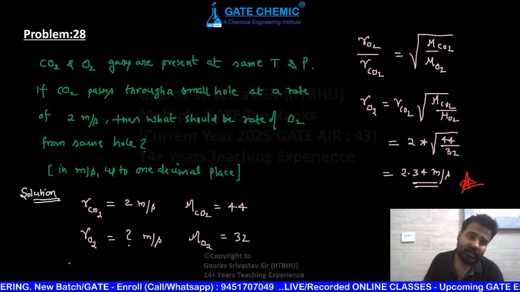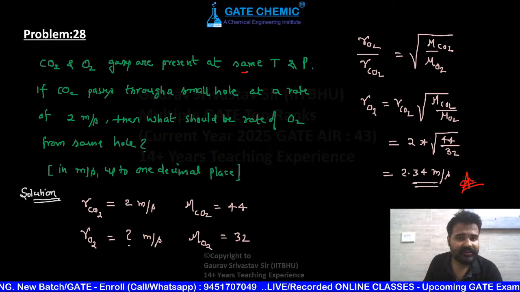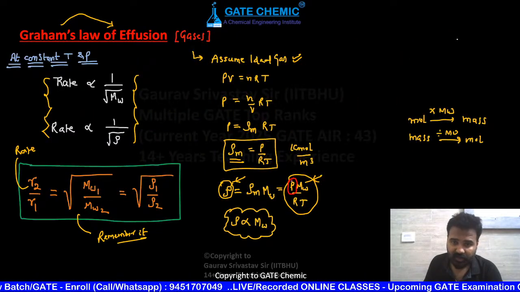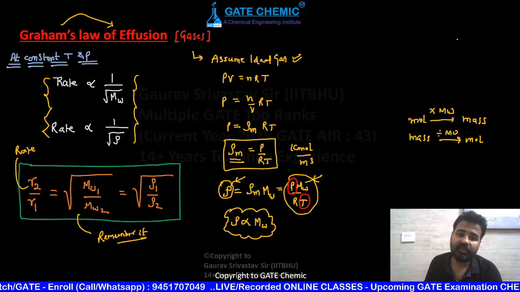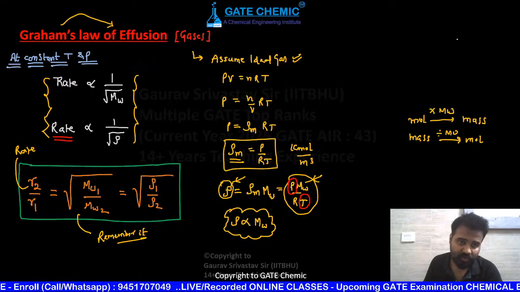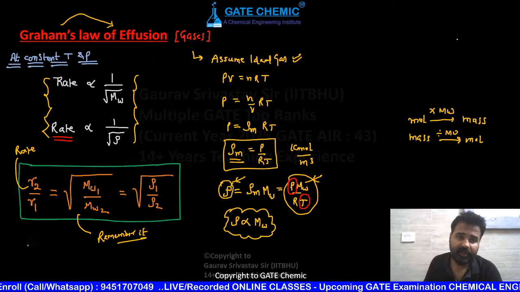Okay, see, a beautiful numerical based upon the previous one. Very easy. CO2 and oxygen gases are present at the same temperature and pressure. Temperature and pressure must be the same, because if they are not the same, then they are also going to affect their respective rate. Then you can't write MW instead of MW, rho, you can't write.